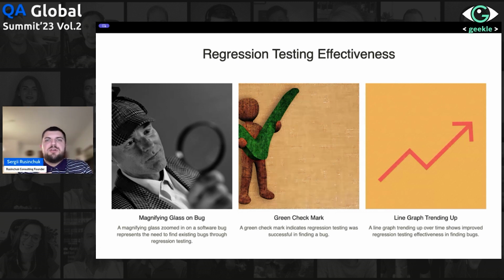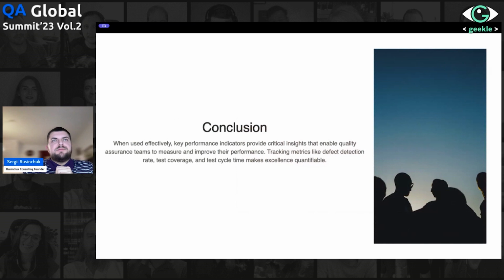A green checkmark indicates regression testing was successful in finding a bug. And a line graph trending up over time shows improved regression testing effectiveness in finding bugs. Oh, I was so fast. I'm so sorry.